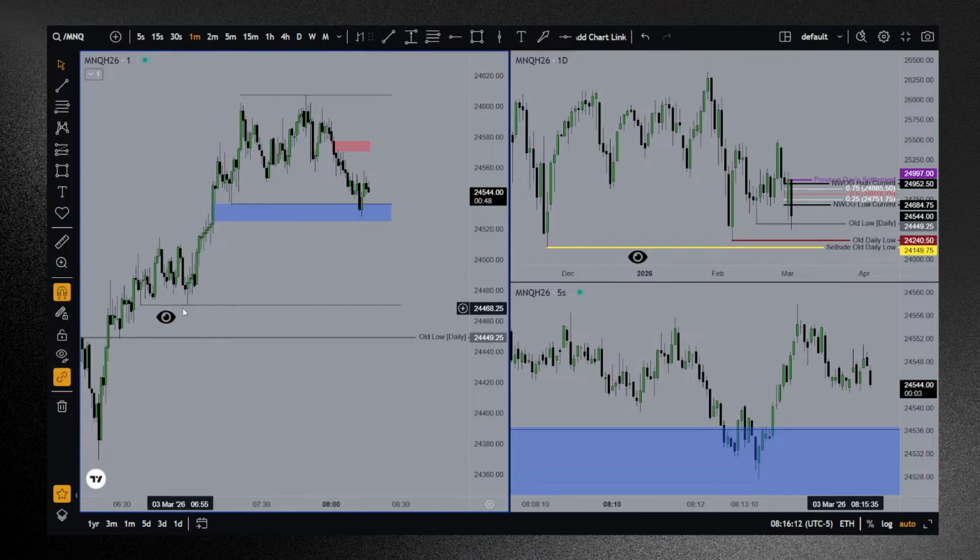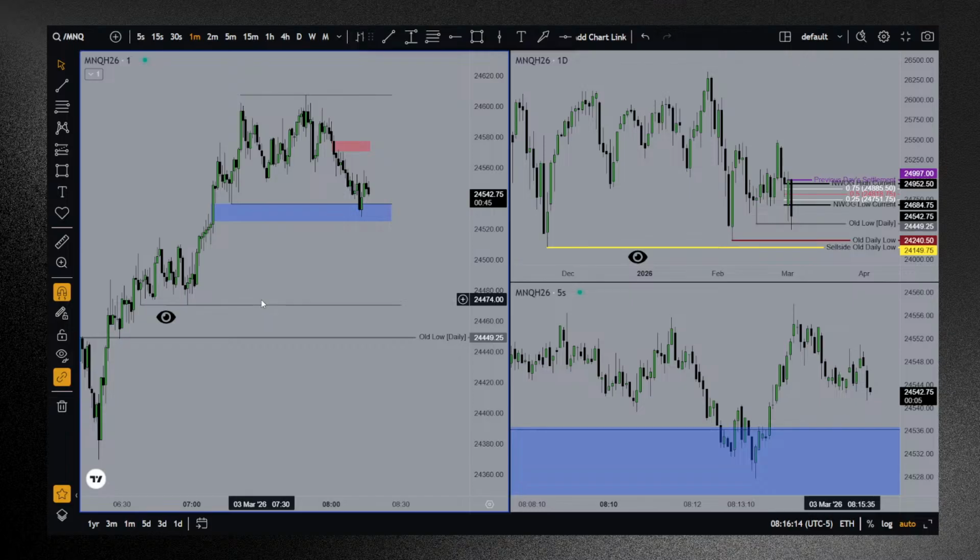But if something, then those relatively close levels, that's what I'm looking for, potentially.